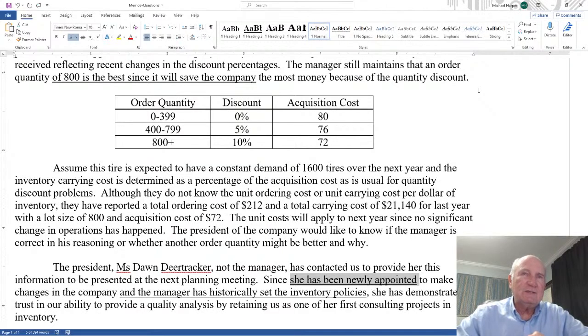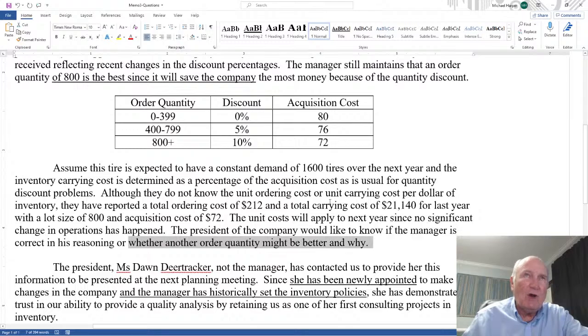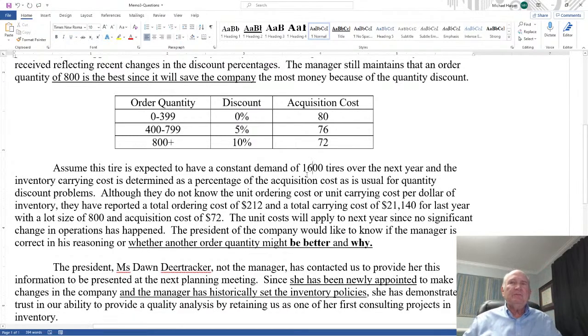So what does she want us to do? What she wants us to do is, the president would like to know if the manager is correct in his reasoning and whether another quantity is better and why. Okay, is better, but also why is it better? Now notice nowhere in what the president is asking is the manager correct in saving the company the most money.